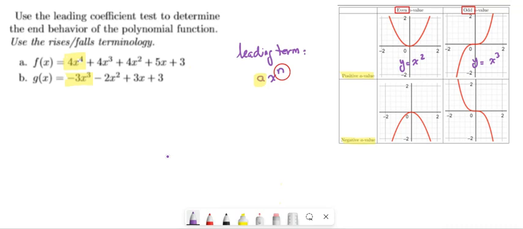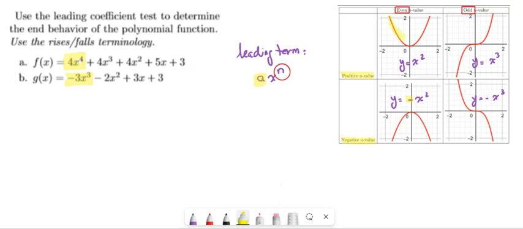Now the following two graphs are nothing else than y equals minus x squared, and you notice here the minus sign is making it negative, x squared still even, and the one next to it is y equals minus x cubed. They are not really difficult to memorize, since how do you get minus x squared?